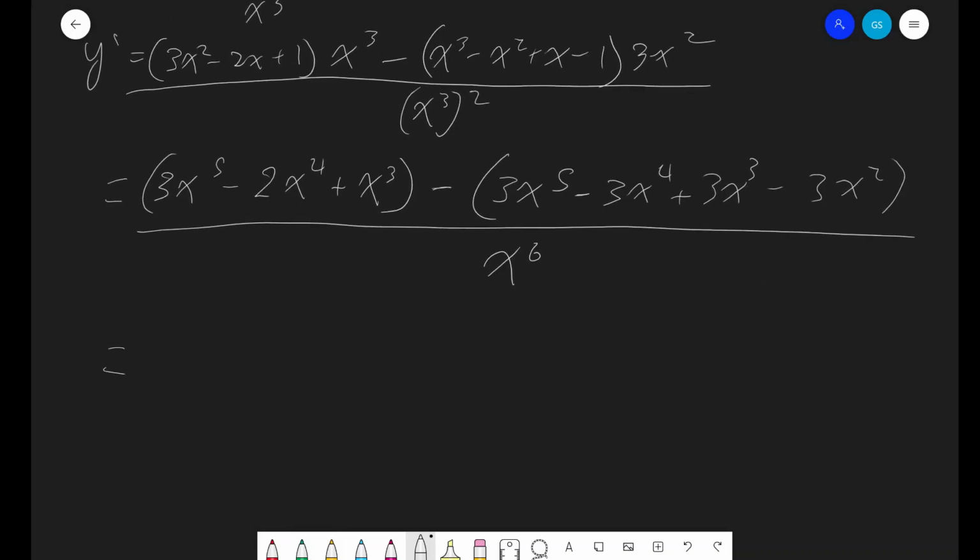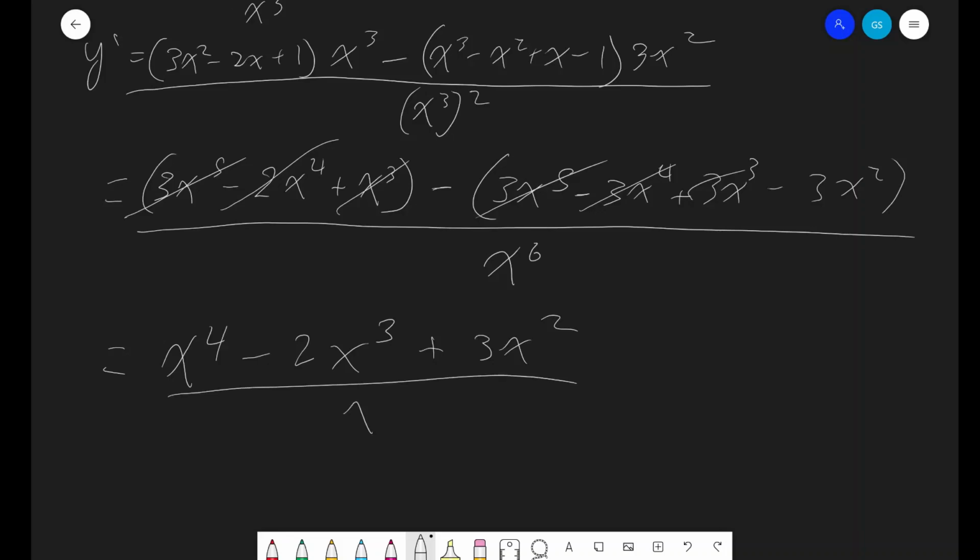Okay, let's do some canceling out. 3x^5 minus 3x^5, that's 0. Negative 2x^4 minus negative 3x^4, that becomes positive x^4. So we can write that down. X cubed over here, subtracting 3x cubed, that becomes negative 2x cubed. And then this just becomes plus, because minus negative 3x squared just becomes plus 3x squared over x^6.